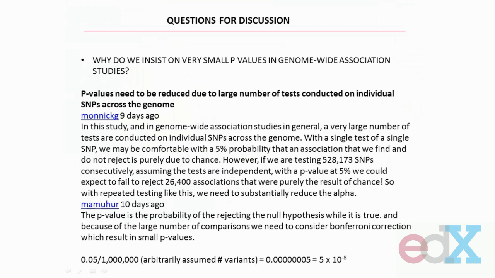So because we're testing so many associations, we need to substantially reduce the alpha to really try and winnow out, focus in on the small number of genetic variants that have the strongest associations, the most extreme associations, because those are the ones that are least likely to be chance results.